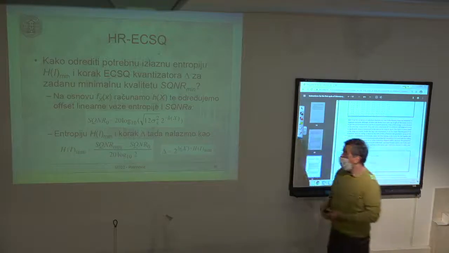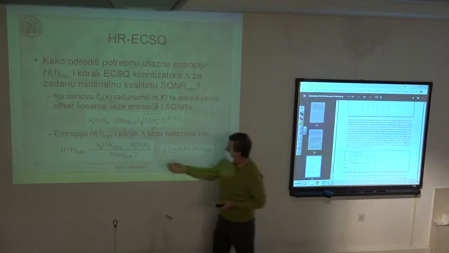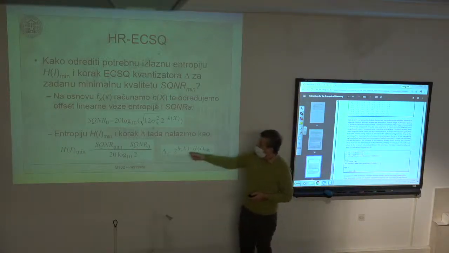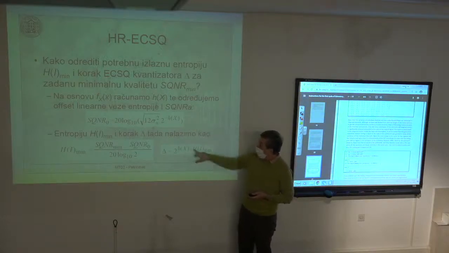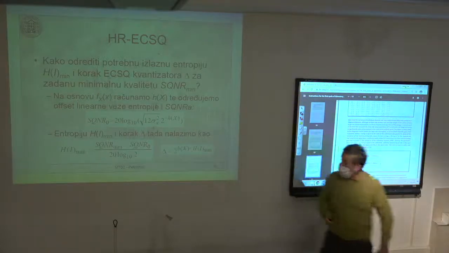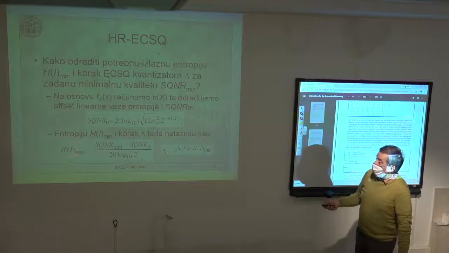Once we have this output entropy, now we can also compute what is the necessary step size to achieve this output entropy. And this is then, again, the differential entropy we have already found, minus this entropy of output indices, minimum required entropy of output indices.